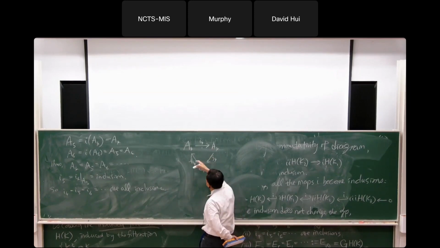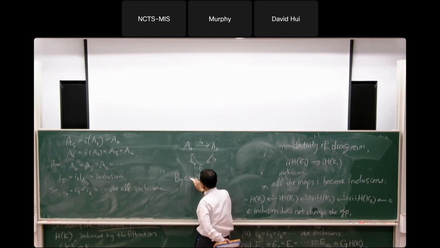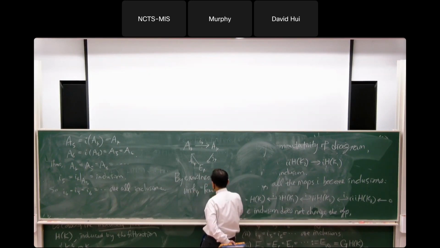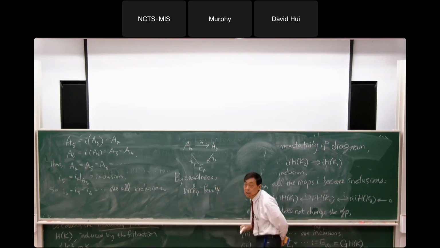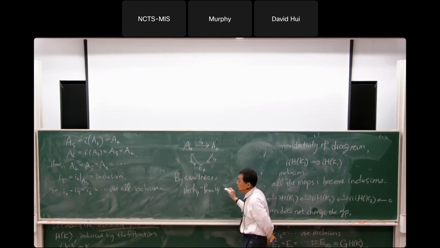And so by exactness, the image of K4 is the kernel of I4, but the kernel of I4 is 0, right?